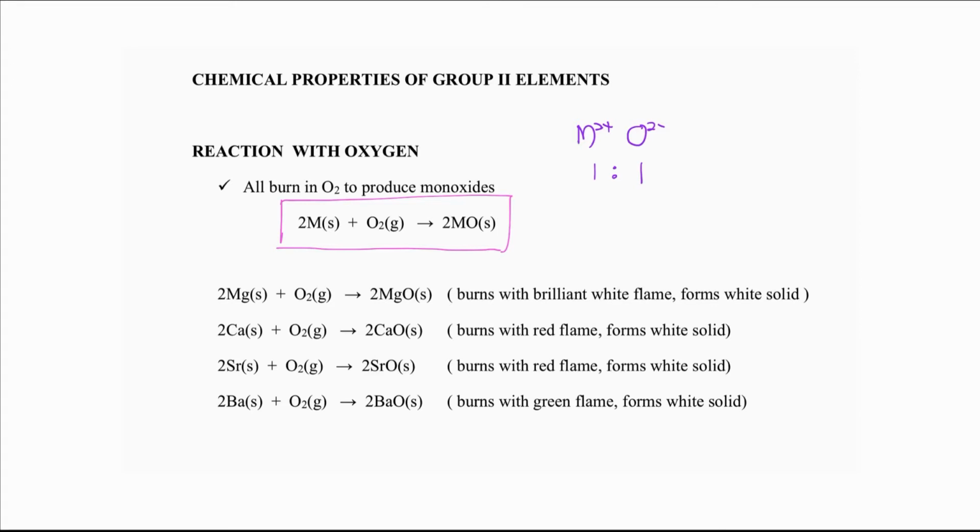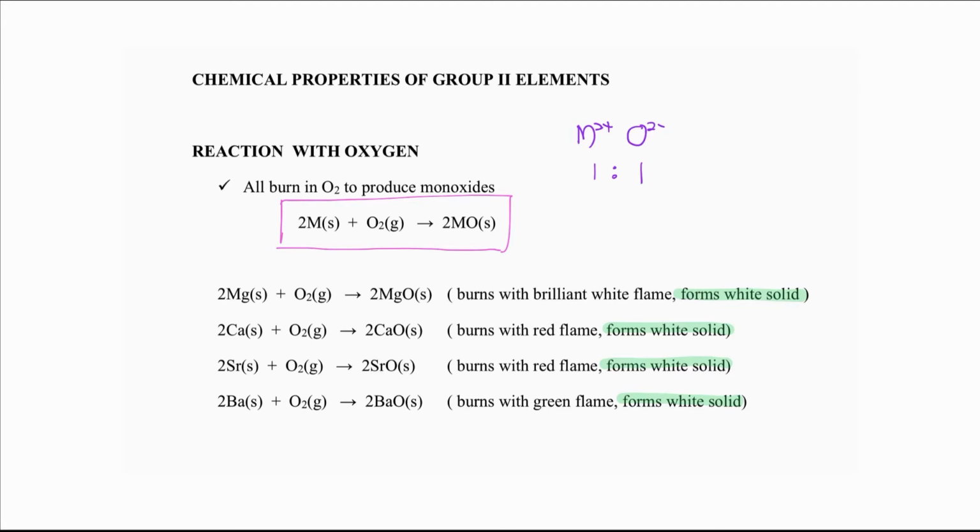All of them are metals, so initially they are gray metals. After reacting with or burning in oxygen in the air, all of them will turn into a white solid. So one of the observations that we could see is that a white solid is formed.